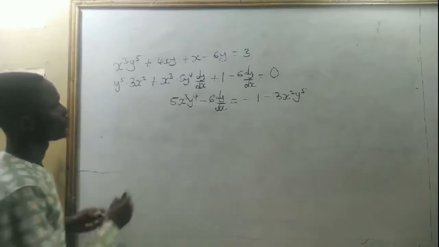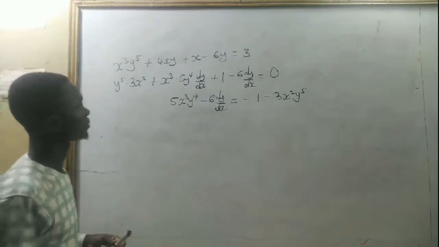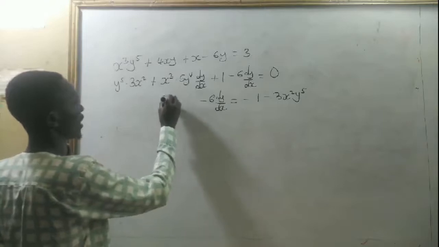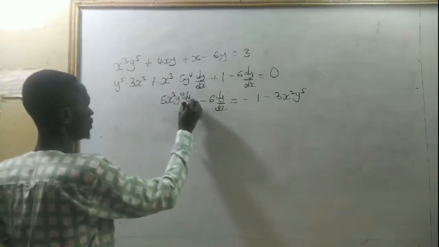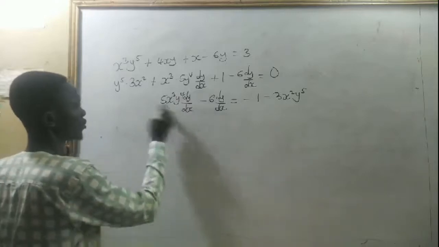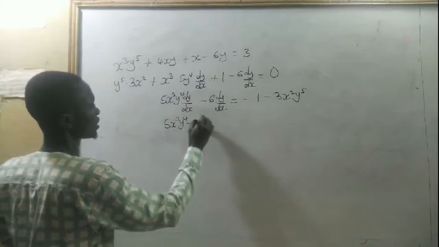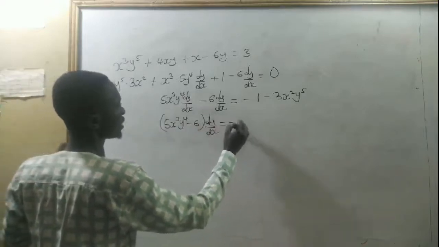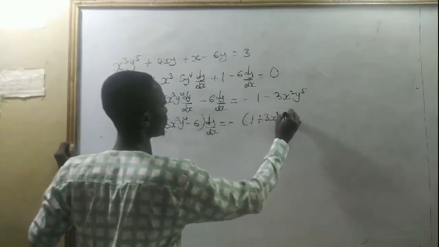So here what do we do? There is dy dx here, I didn't write it, so let me bring it. That is 5x cubed y to the power 4 dy on dx. So we are going to have 5x cubed y to the power 4 minus 6 dy on dx equal to negative bracket 1 plus 3x squared y to the power 5.